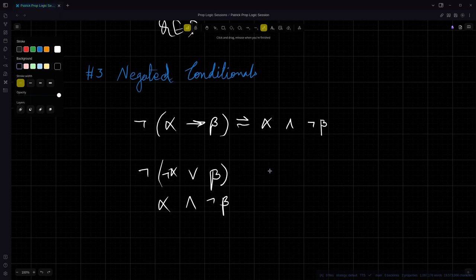So this is just material implication, and this is De Morgan's, and then you get this. So it's a very two-step proof, very easy.